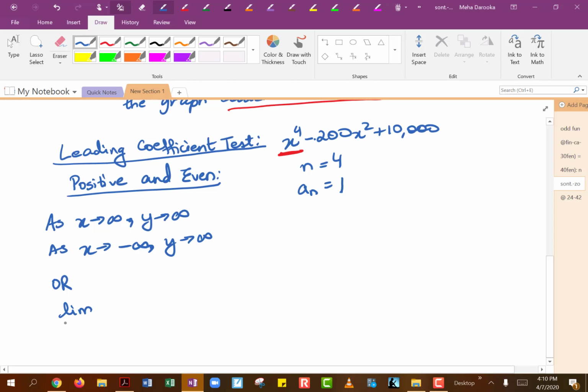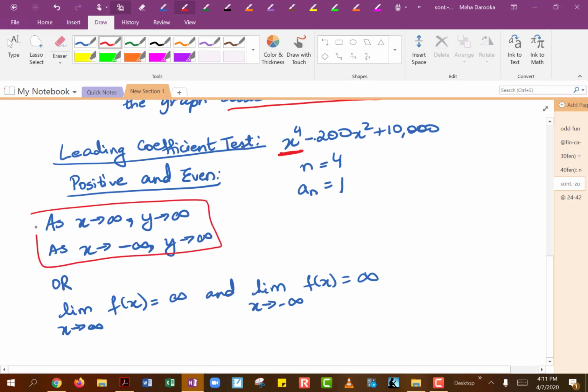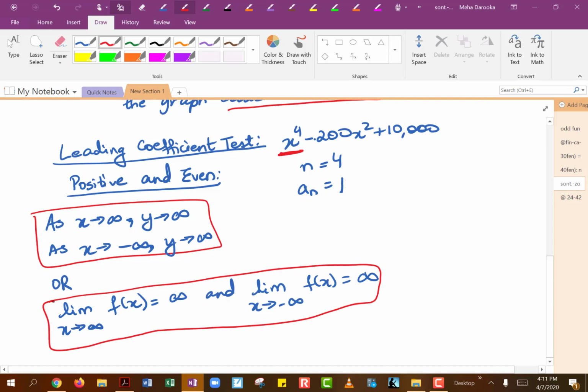Or if you wanted to write this as a limit, as x goes to infinity, your function is going to positive infinity. And the limit as x goes to negative infinity, your function is going to, that should be positive infinity. So no matter where your x is going, positive or negative infinity, your y is still going to positive infinity.